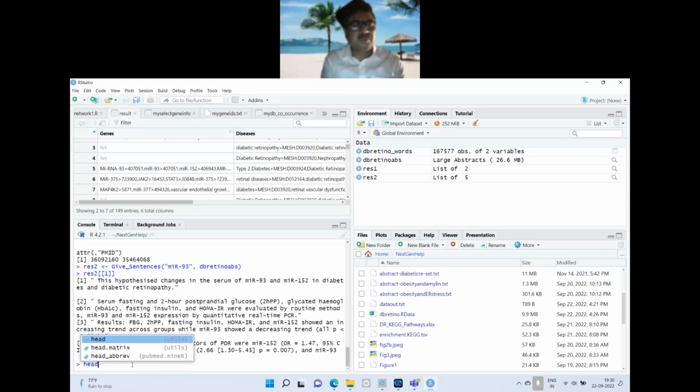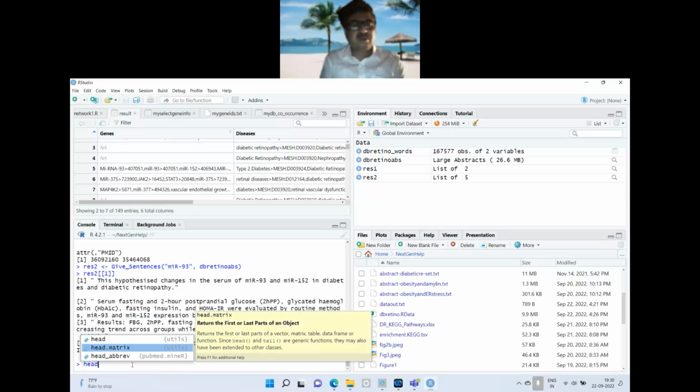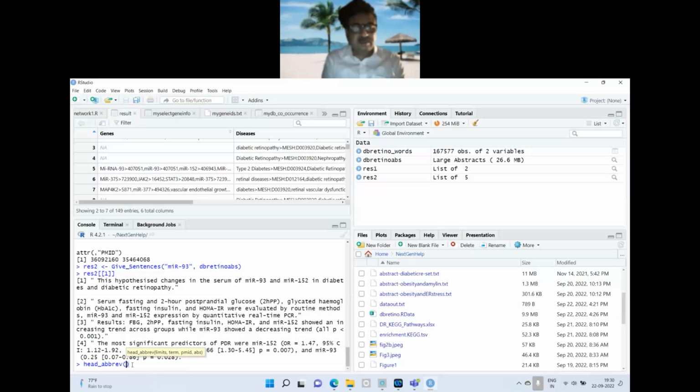so there is a function called head abbreviation which actually can help sometimes decode these abbreviations. So let's see. Sorry, we need to know the PMID for this.